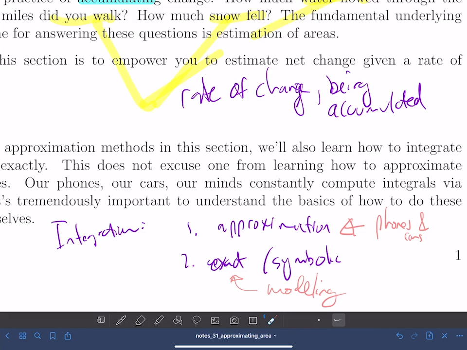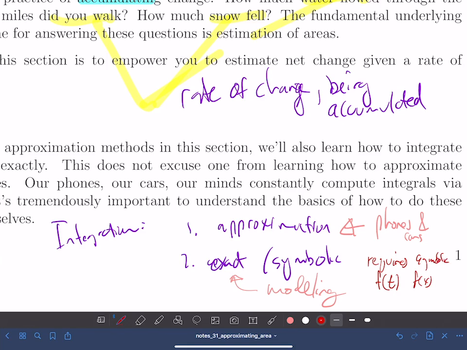When possible, we will do exact and symbolic computations. But one thing to pay particular attention to is that exact and symbolic requires a functional form f of, say, t or f of x. I have to know what that function is in symbolic form.